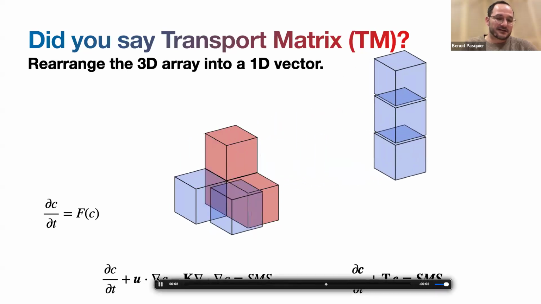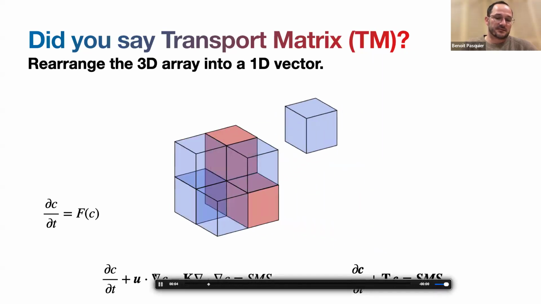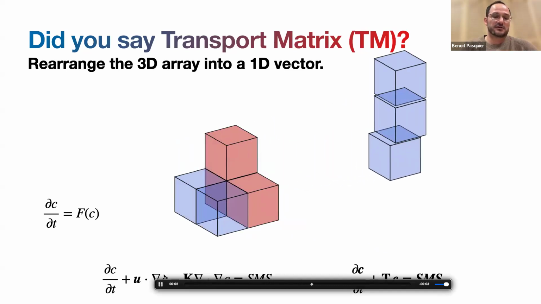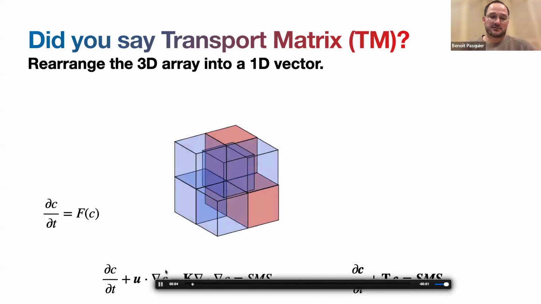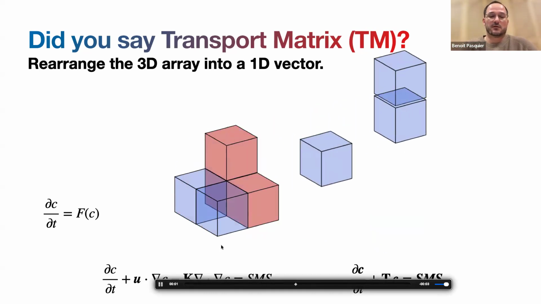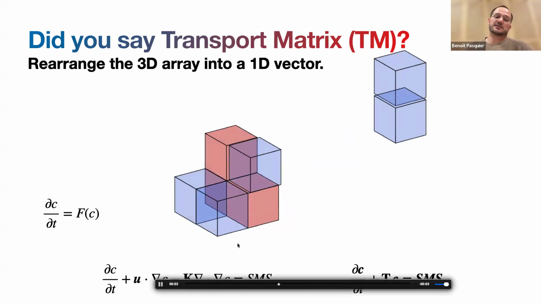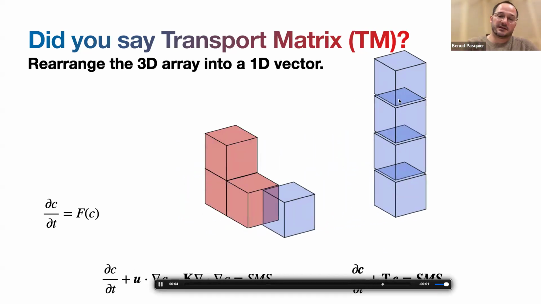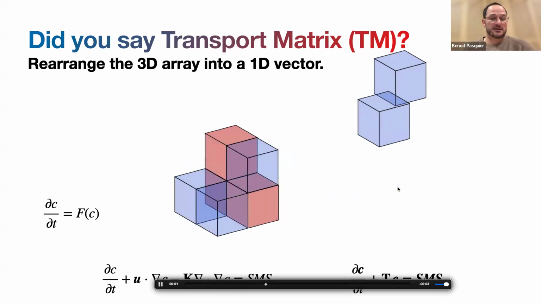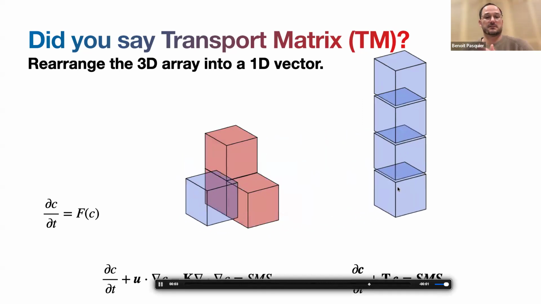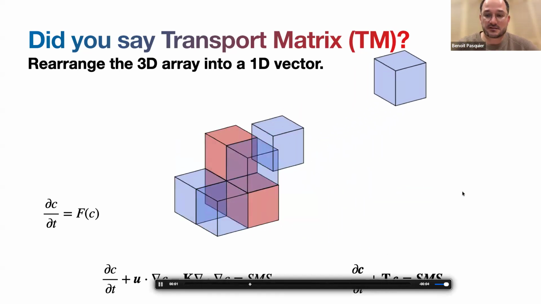Yeah, the advection term here is typically linear in concentration, depending on your advection scheme, your diffusion scheme. The whole transport, this is diffusion, can be linear, and something that is linear and that acts on a vector can be represented as a matrix. So that's what the transport matrix is.